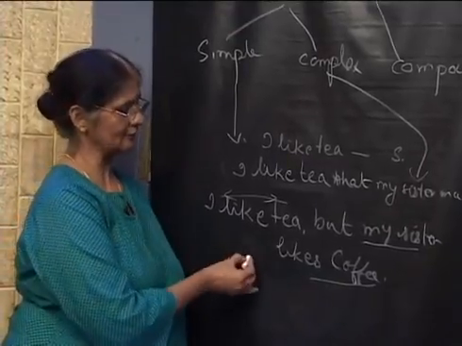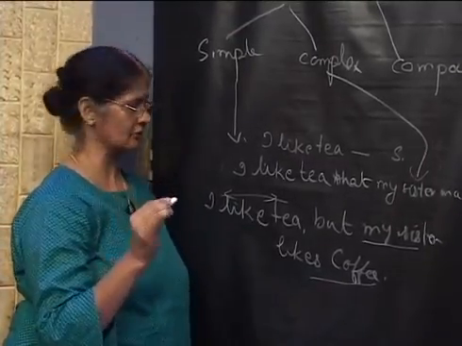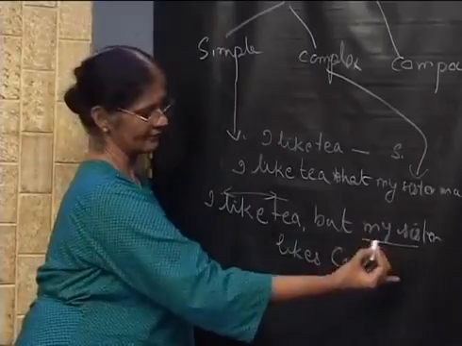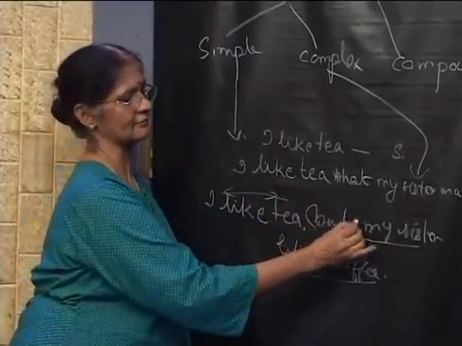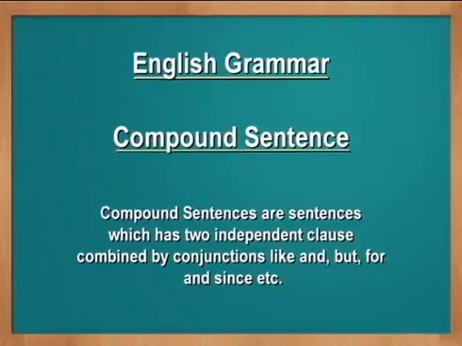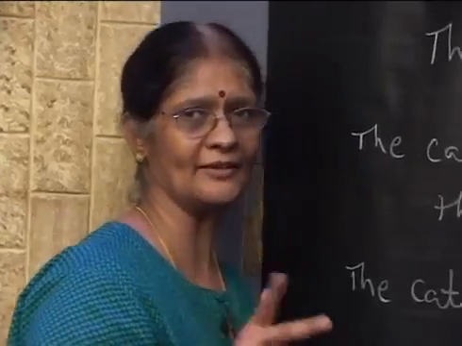So here we have two independent clauses, "I like tea" and "my sister likes coffee," combined by "but." So compound sentences are sentences which have two independent clauses combined by conjunctions like and, or, but, for, since, etc.